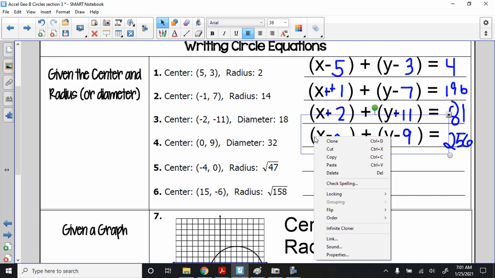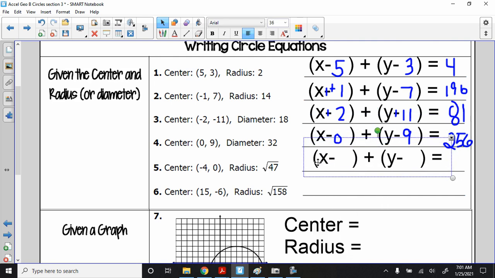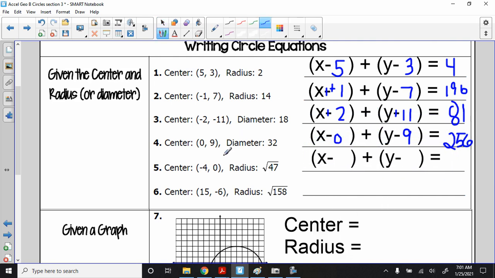All right, let's copy this again. -4 becomes +4. 0. And if you have a square root, so you're supposed to square this, the square root symbol and the square cancel out.